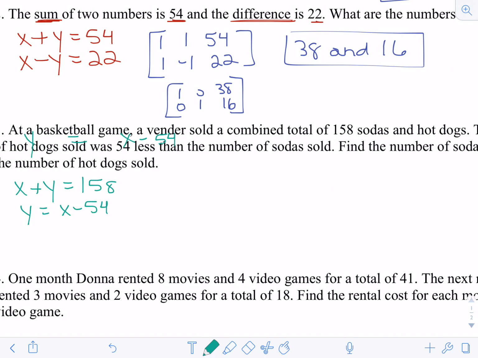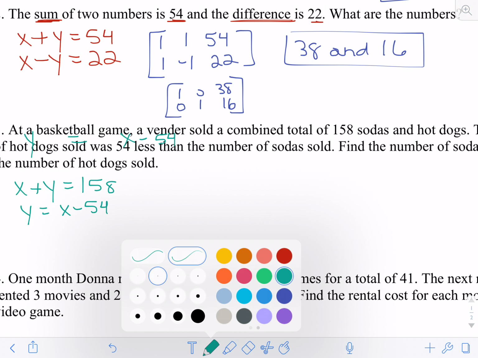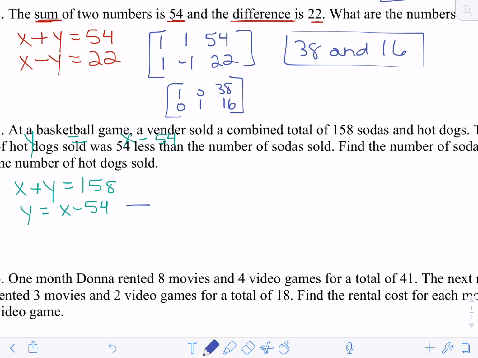So again, we're going to have to rewrite this equation, because remember, we need X's and Y's to be on the same side. So you have Y minus X is equal to negative 54. If you rearrange that, because X has to go first, it's negative X plus Y is equal to negative 54. Okay, so we're going to go ahead and put that into your matrix. So you would have 1, 1, 158, and you would have negative 1, 1, negative 54.